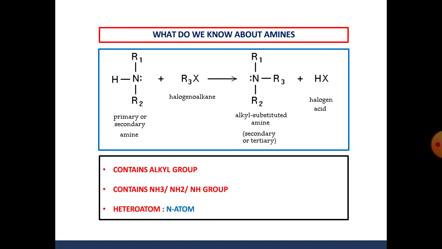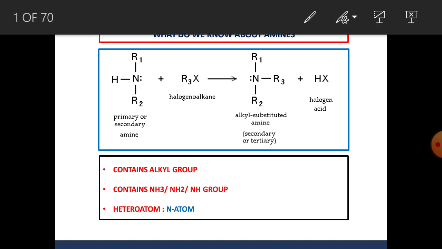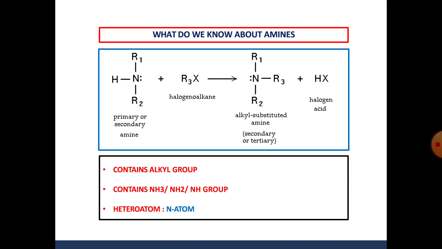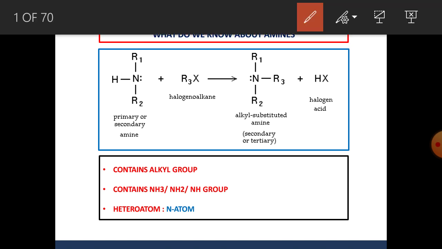Basically it has a nitrogen atom. Nitrogen is a heteroatom present in amine, bearing a lone pair of electrons. So these two dots which we have drawn here are very important, and they are nothing but the lone pair of electrons.